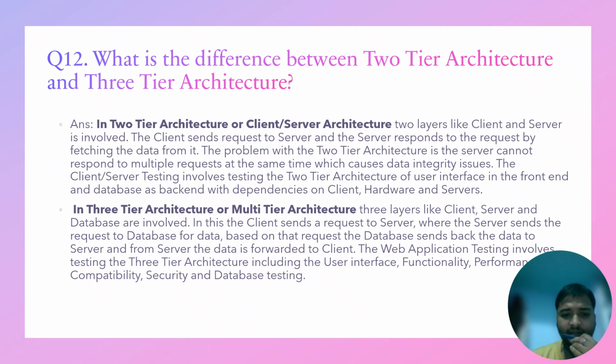The client sends a request to the server, the server sends the request to the database, and on the request the database sends back the data to the server, and from there the data is forwarded to the client. Web application testing involves testing the three-tier architecture, including user interface functionality, performance, compatibility, security, and database testing.